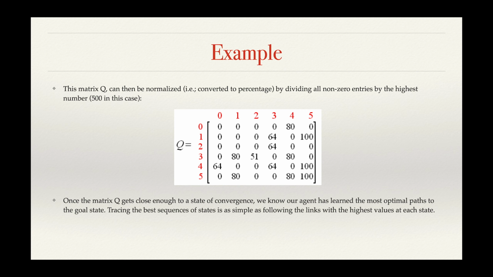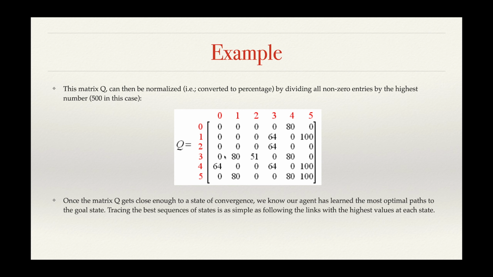What knowledge, for example? The idea here is that this agent, if started now at room number 3, would look at the maximum. The 3 possible moves are 80, 51, and 80. So it understands if it moves from room number 3 to 1, it would get a reward of 80.